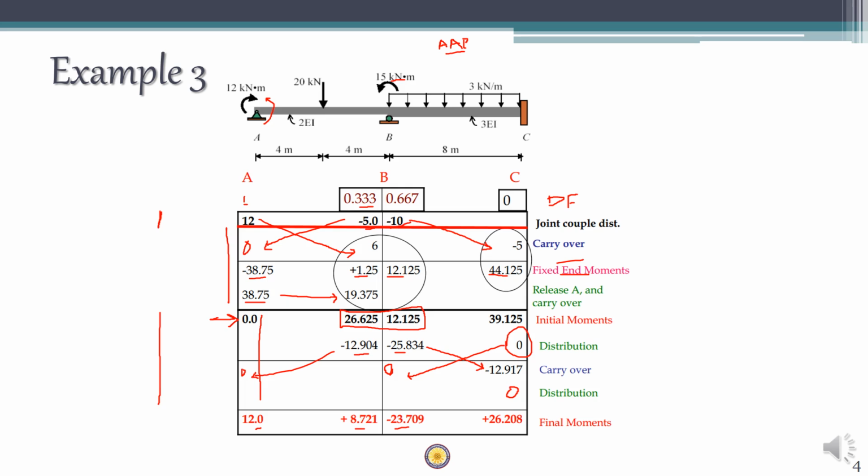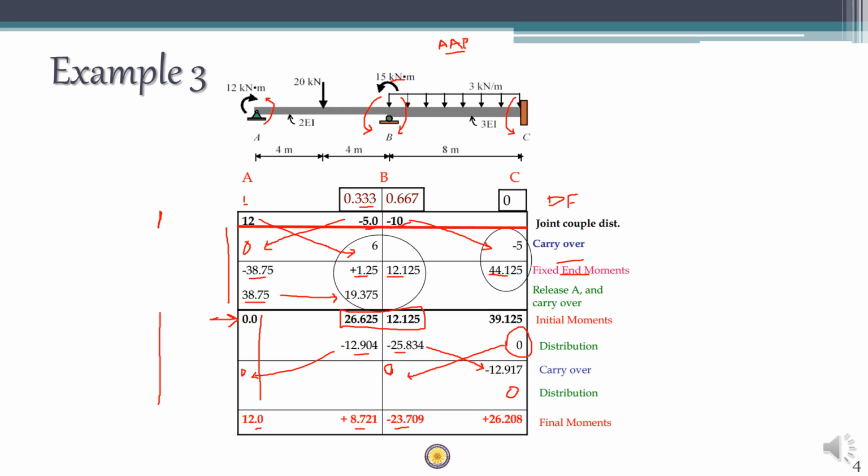Again here it is a plus 26.208, and plus 8.721, you can mark that here. Active anti-clockwise moments are positive, anti-clockwise here, and this is going to be clockwise, right? This is again going to be anti-clockwise because it is a positive moment.